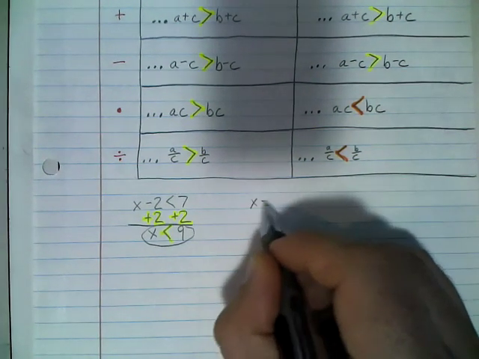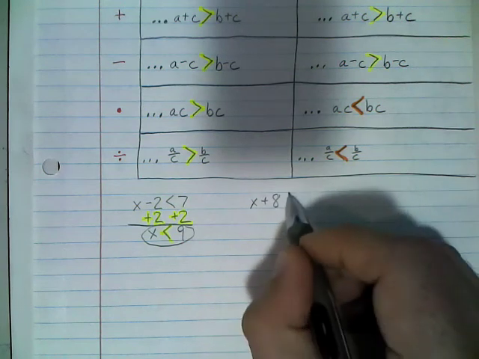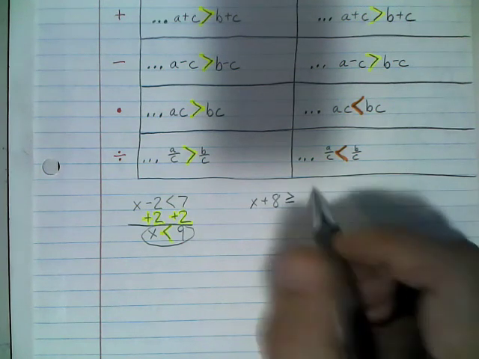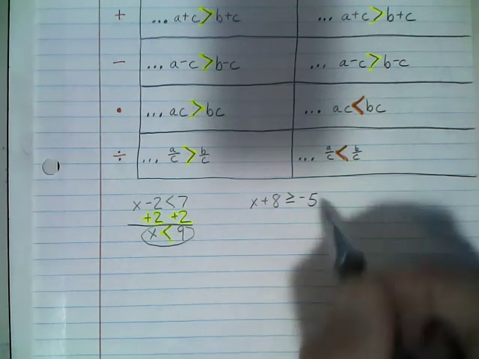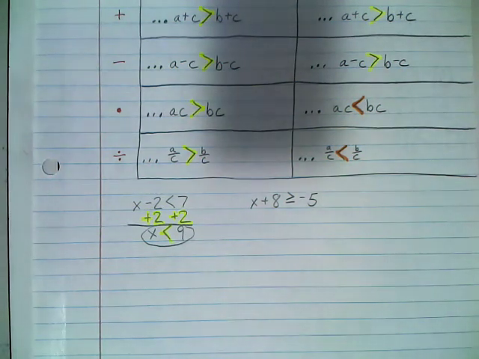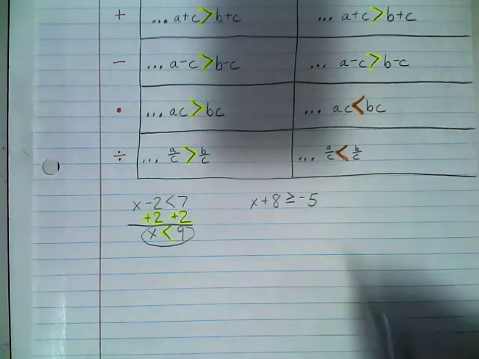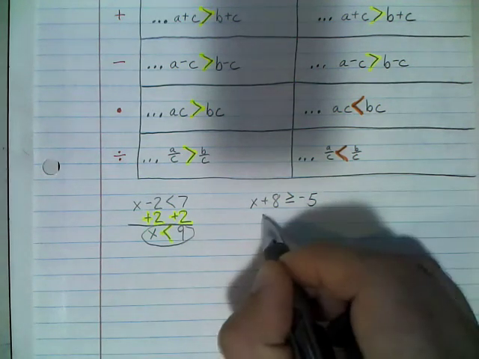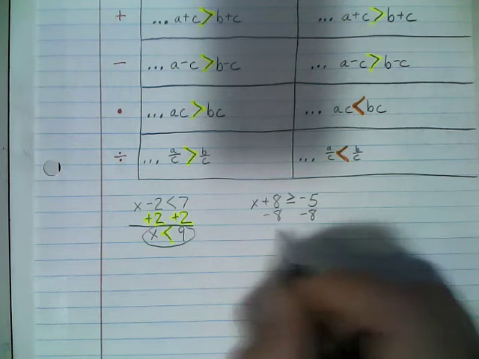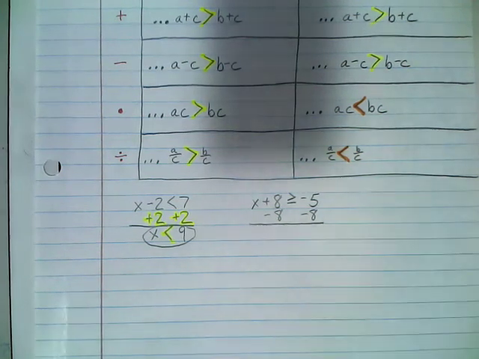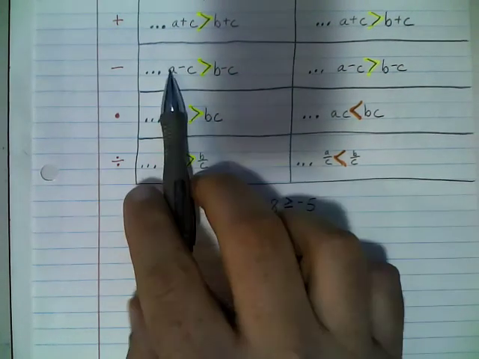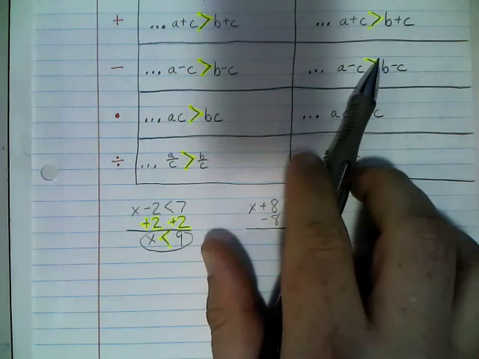Let's say I have x plus 8 is greater than or equal to negative 5. I'm going to solve this just like an equation. I'm going to do things to both sides. So to get rid of plus 8, we're going to do minus 8 on both sides. Now remember that subtraction does not change the symbol.